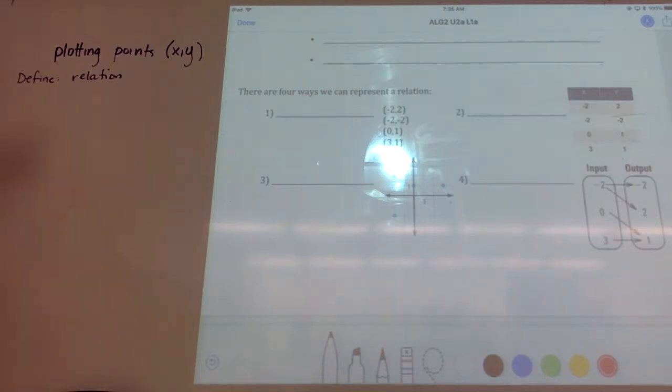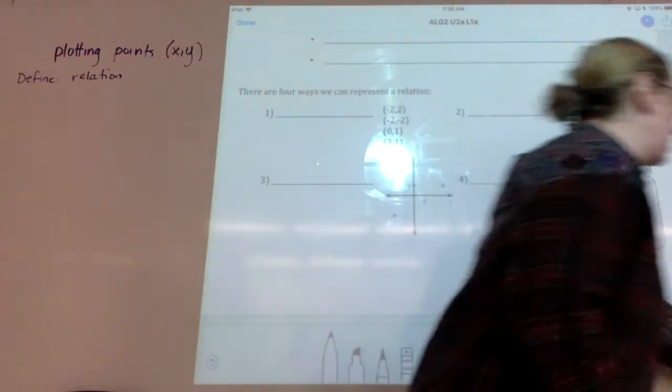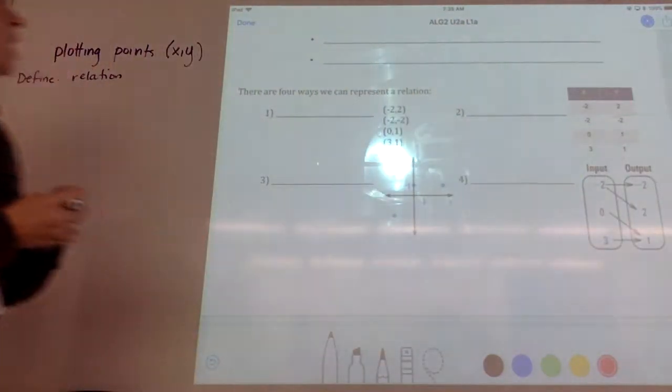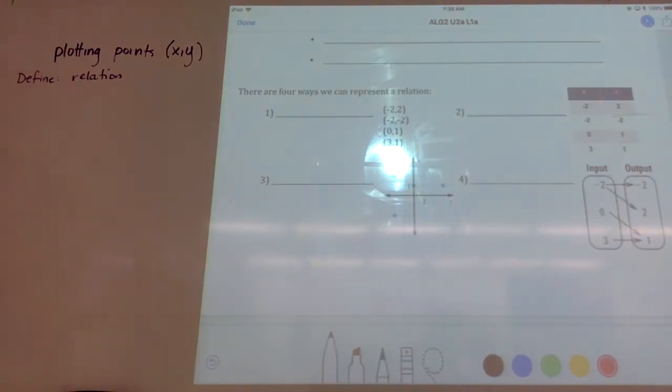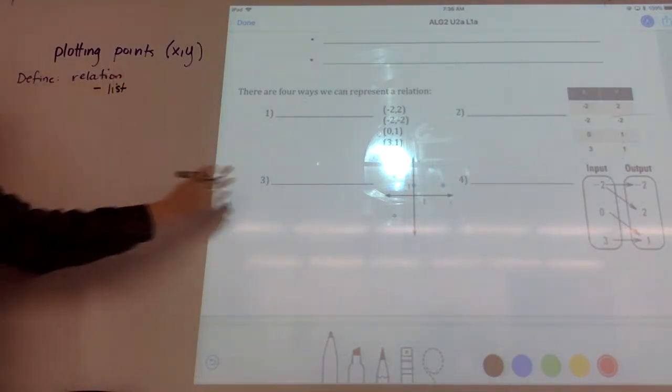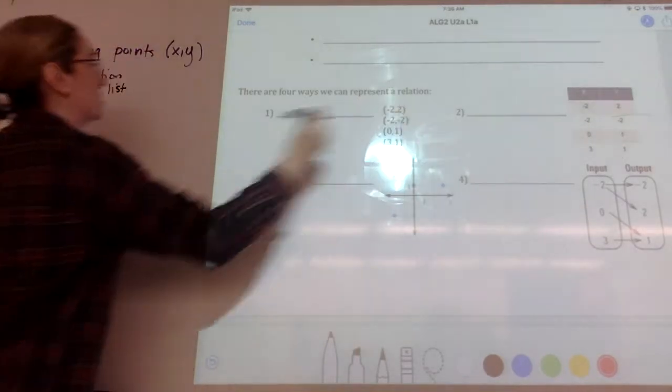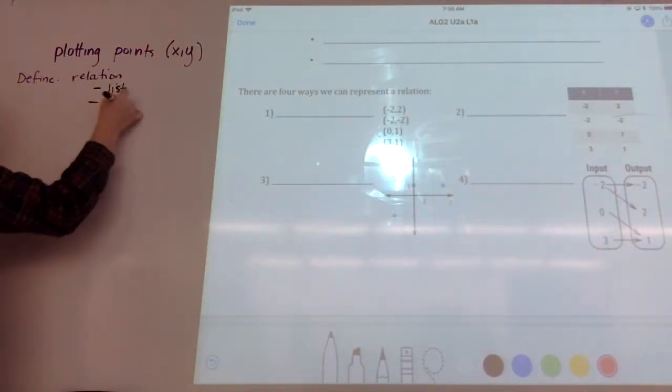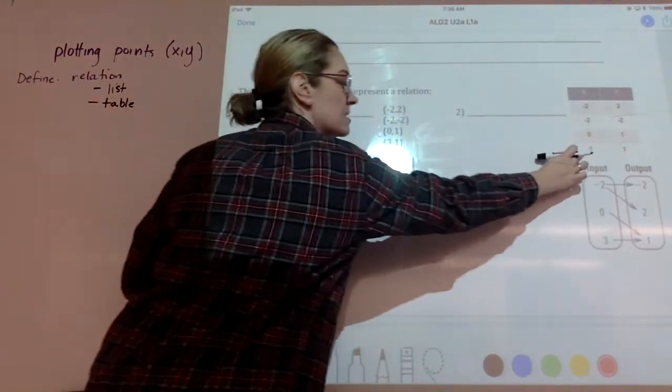All right, so under relation here, we're going to talk about 4 different ways to show a relation. A relation is a set of ordered pairs. That's what we defined it as. So we can do them as a list, which looks like this. We can do them in a table, which looks like this.